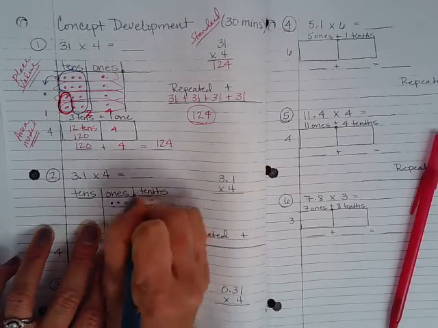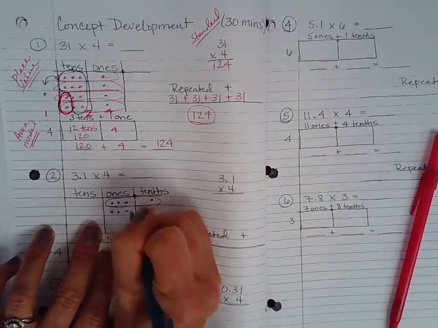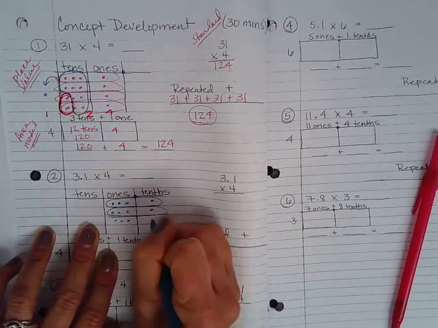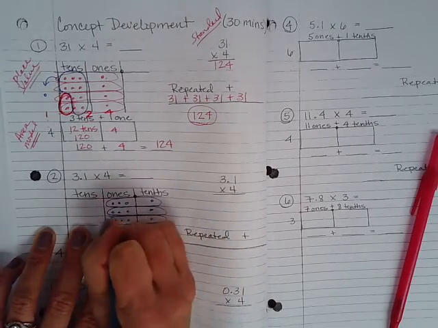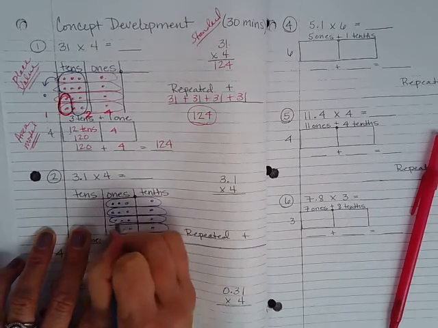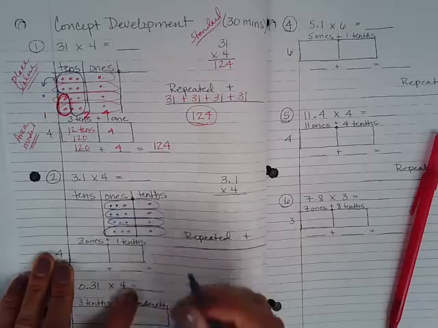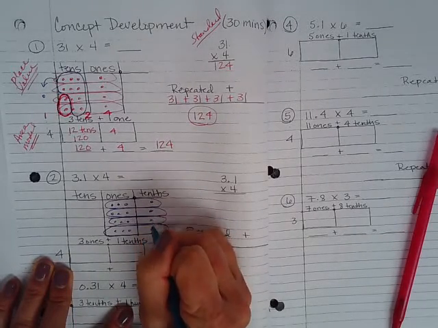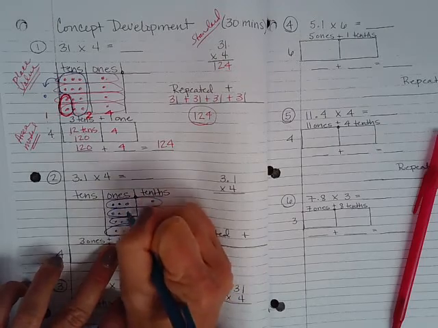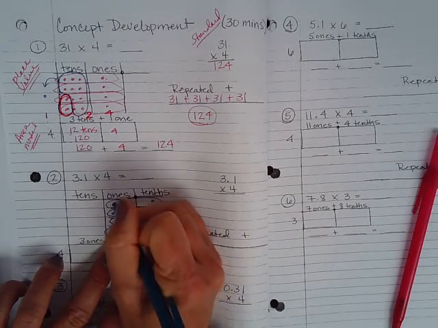And we're going to do it 4 times. 1, 2, 3, 4. Okay, now let's add it up. 1, 2, 3, 4. And then we have 1, 2, 3, 4, 5, 6, 7, 8, 9, 10.